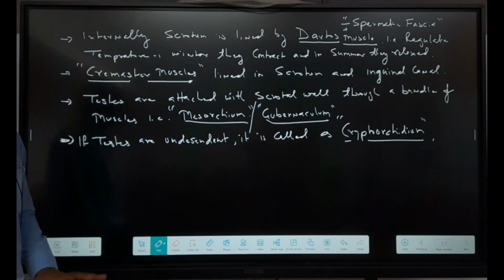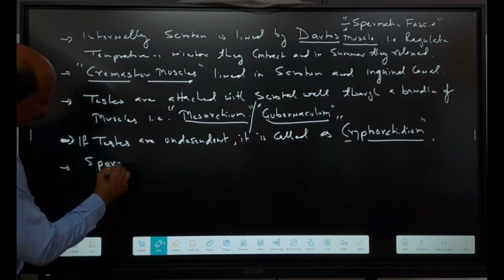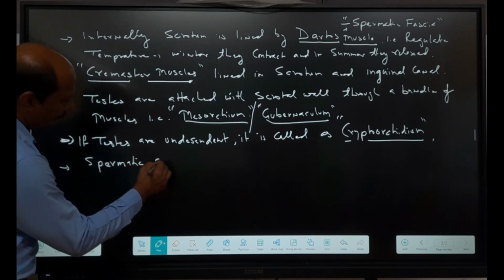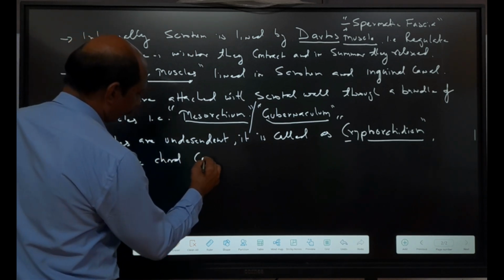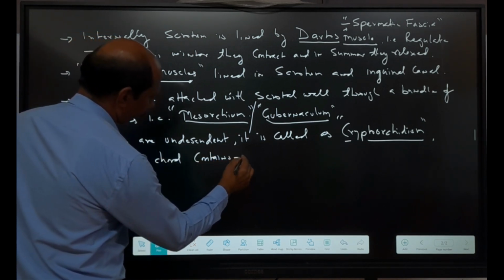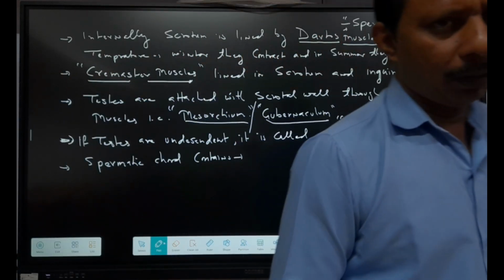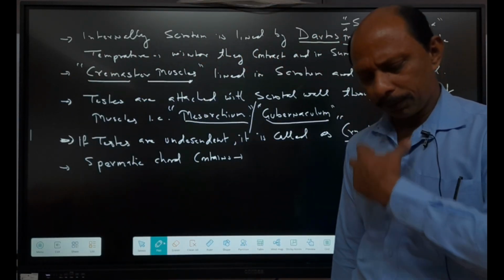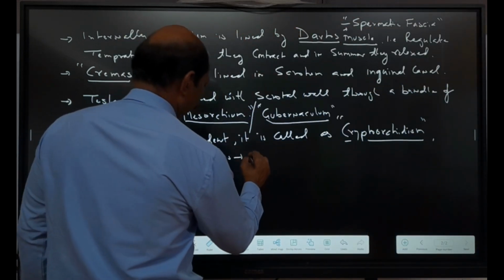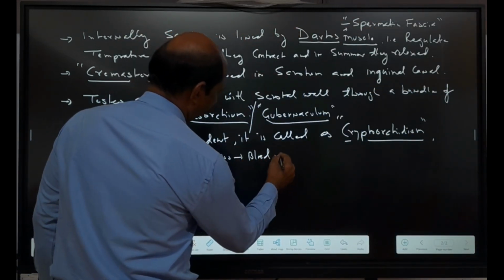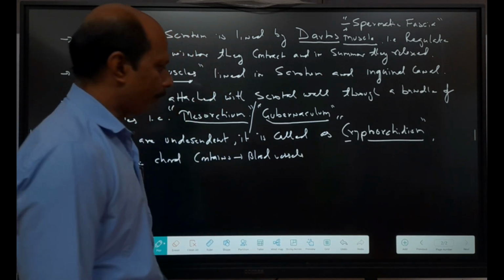Now here, spermatic cord. Another one is the spermatic cord. What does it contain? Because from our body, from the abdomen, it contains blood vessels, meaning artery as well as vein.